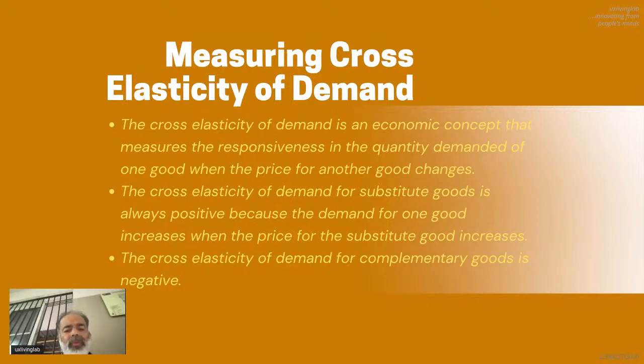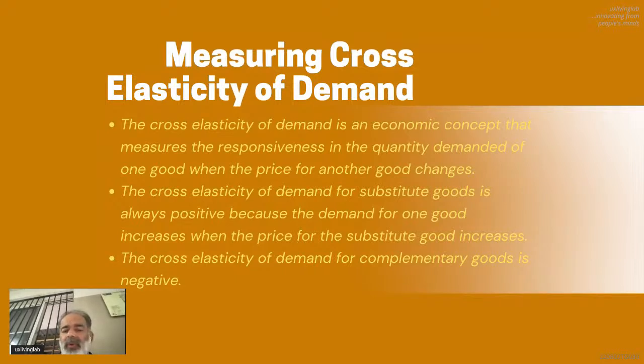How is cross elasticity of demand measured? It is measured using a formula: the percentage change in quantity demanded of one product divided by the percentage change in the price of the substitute. Cross elasticity of demand refers to how sensitive the demand for a product is to a change in the price of another product.